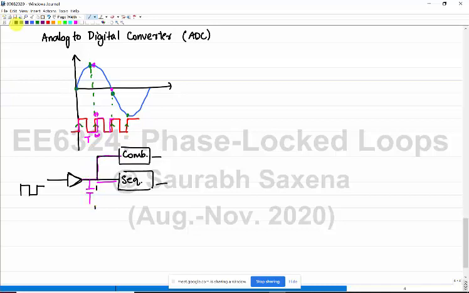So what happens is, this is my ideal clock at the input of the buffer, and the clock which reaches this combinational logic is no more such a nice signal. It may become like this.